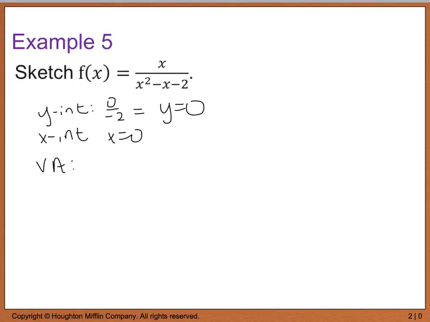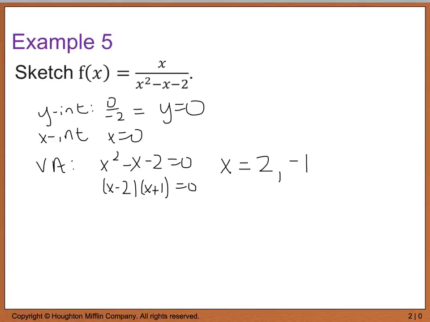So if I take x squared minus x minus 2 and set it equal to 0, we'll see that we can actually factor this into (x minus 2)(x plus 1), which tells me that I have vertical asymptotes at x equals positive 2 and -1. Then we'll look to see if we have any horizontal asymptotes.